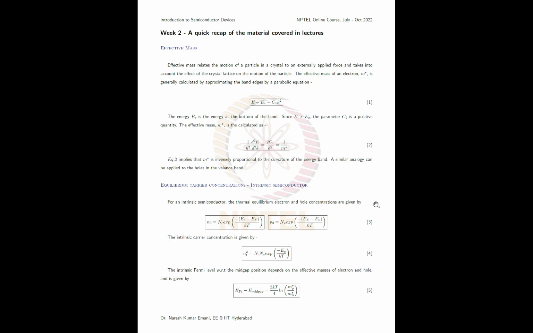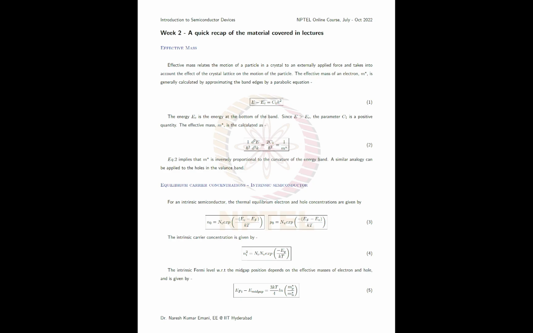At thermal equilibrium, the electron and hole concentrations are given by these formulas: n naught equals Nc exponential of minus (Ec minus Ef) by kT, and p naught equals Nv exponential of minus (Ef minus Ev) by kT, where Ec is the minimum of the conduction band, Ev is the maximum of the valence band, and Ef is called the Fermi level.